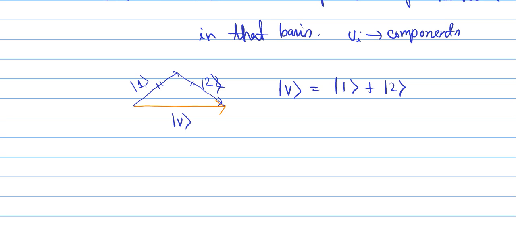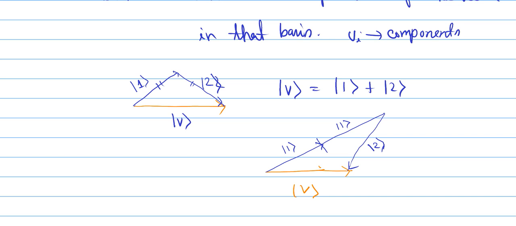Again, this is our v, and we are getting this vector by adding one vector given by this and another vector given by this. This is 1, and this vector is 2.